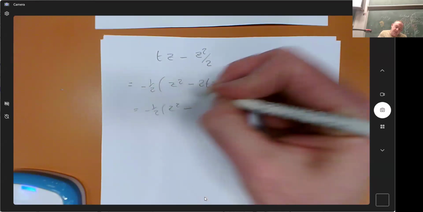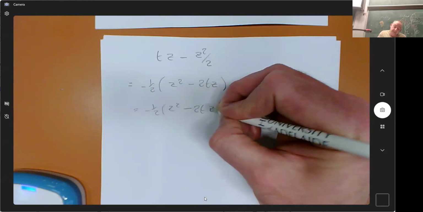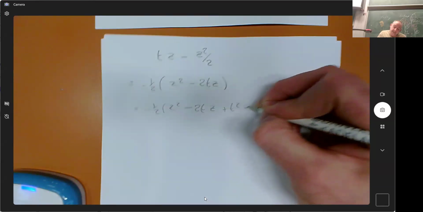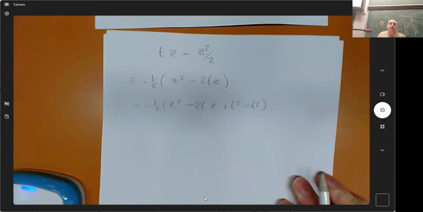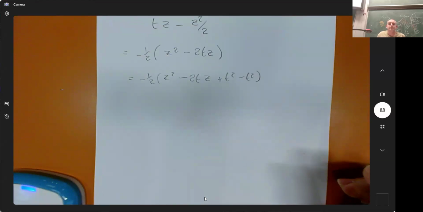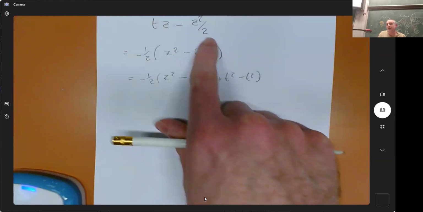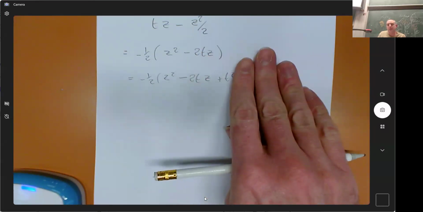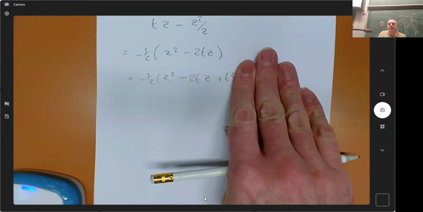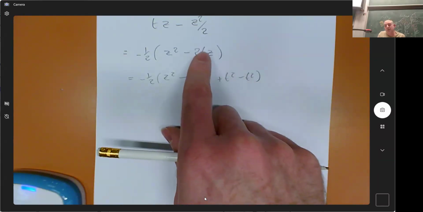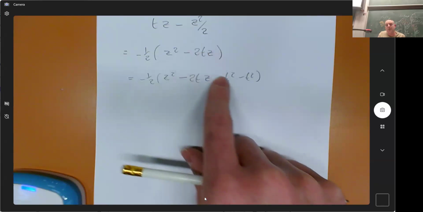Now, here we go. Ready? I'm going to complete the square. If there was a 2tz in the middle, that would come from a z minus t all squared. When you complete the square, you take this coefficient, divide it by 2, and square it, which is what I've got here.